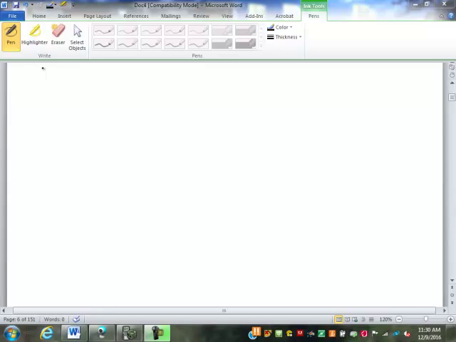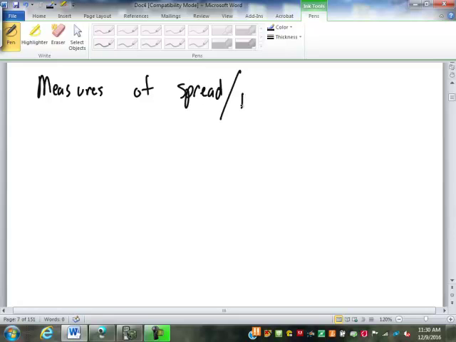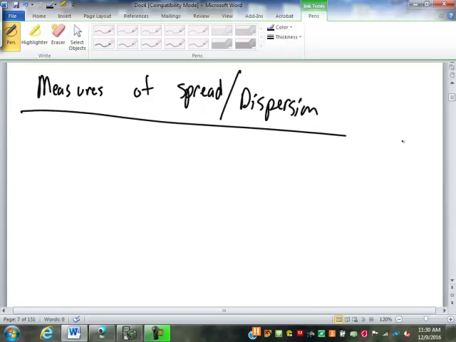Okay, so let's take a peek at our measures of center, or sorry, our measures of spread or dispersion. I'm going to use a smaller data set because some of the formulas we're going to look at here will be more complicated.